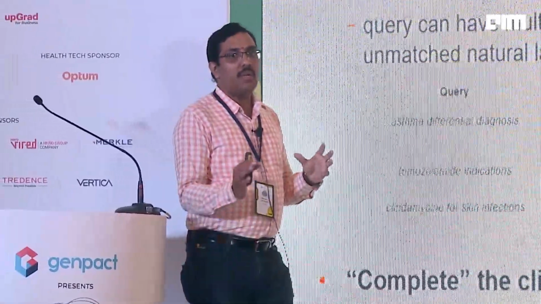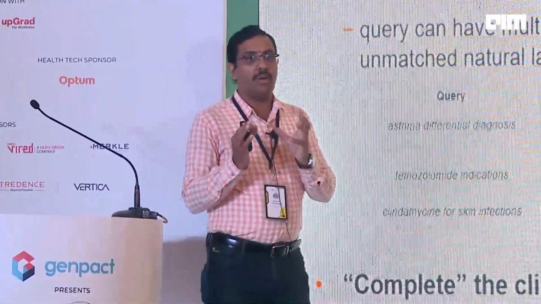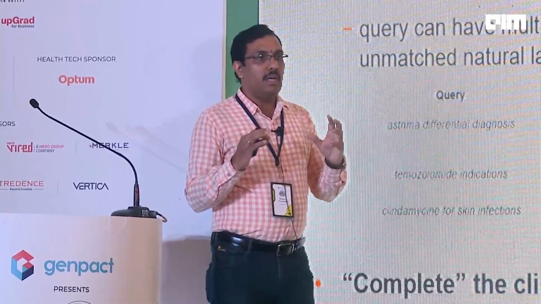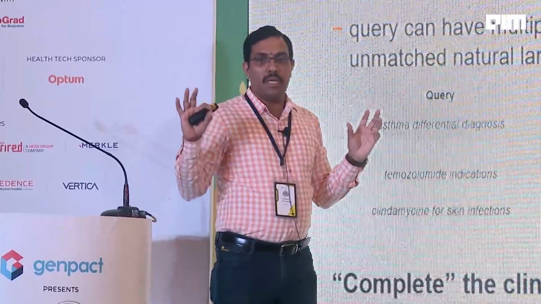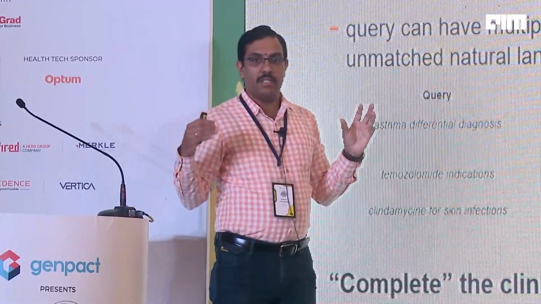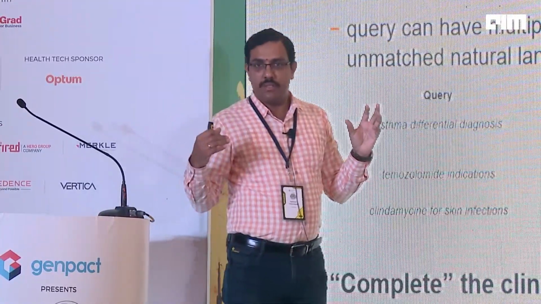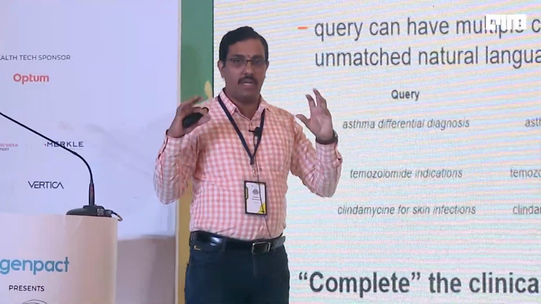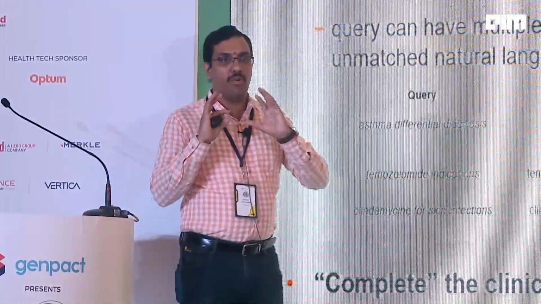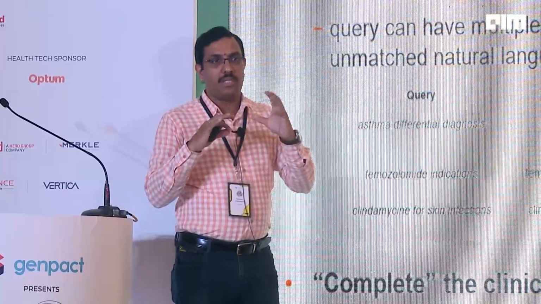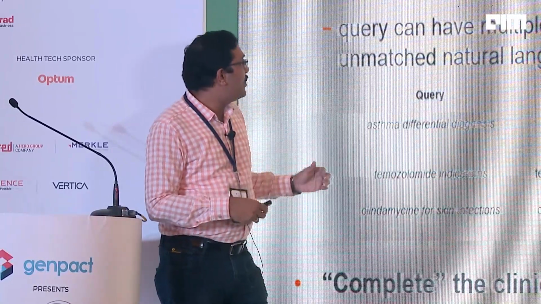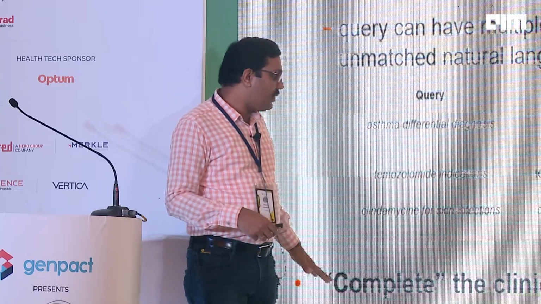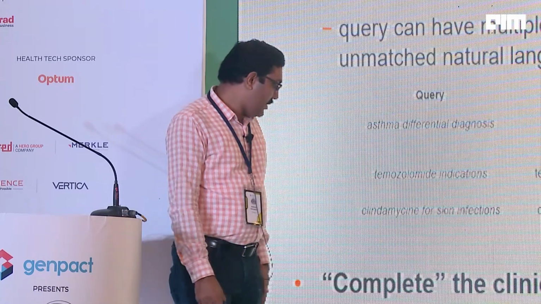So is he looking at only a particular medical concept, or is he trying to find out a relation between a medical concept and probably a treatment modality or diagnostic procedures or drugs, something like that. So that gives us particular semantic information, and we can focus our subsequent steps to retrieve relevant content. So once we parse the query, then we try to complete the clinical query.